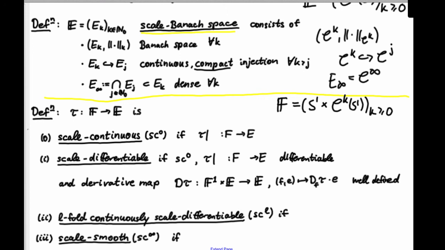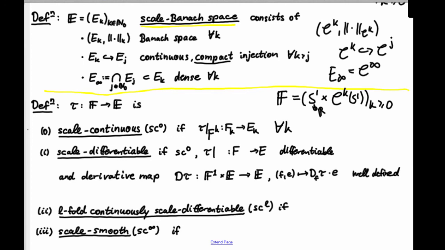But really you should think of S1 as the Banach space R. So I want to talk about this: Tau is my shift map from S1 times C infinity to C infinity. And if I restricted it to a Ck space, it was continuous from Ck to Ck. So if I'm a continuous map on each level, I'm something called scale continuous.